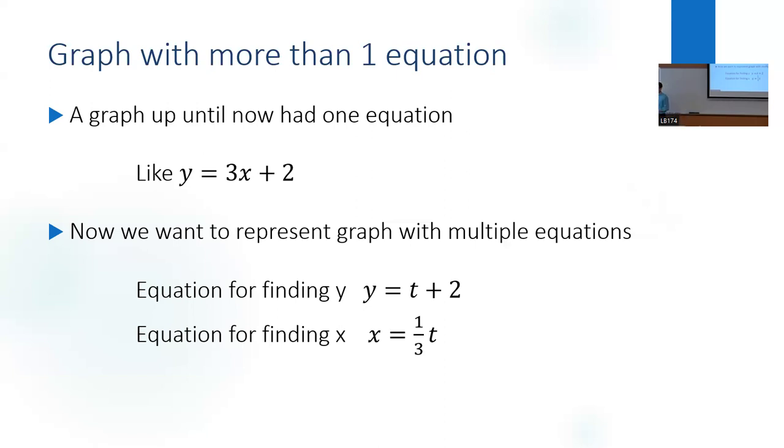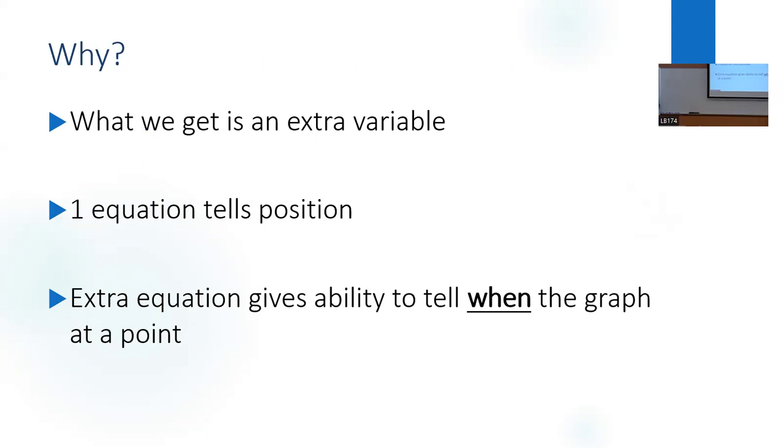And it turns out having that extra variable is nice. Because while one equation tells you position, with that extra variable, you can also tell when a point is in a certain position. And that's why the variable is often called t.